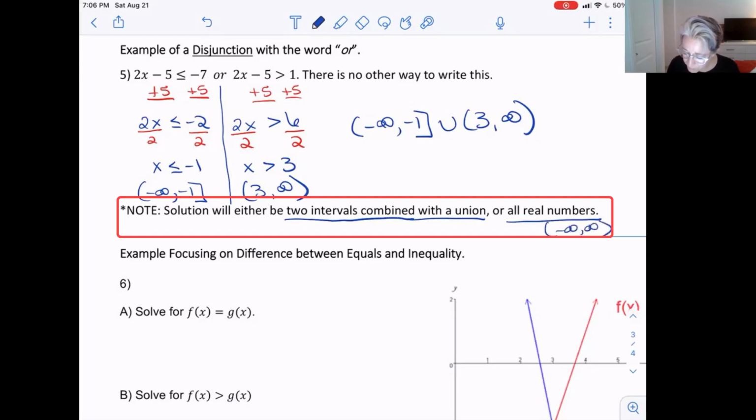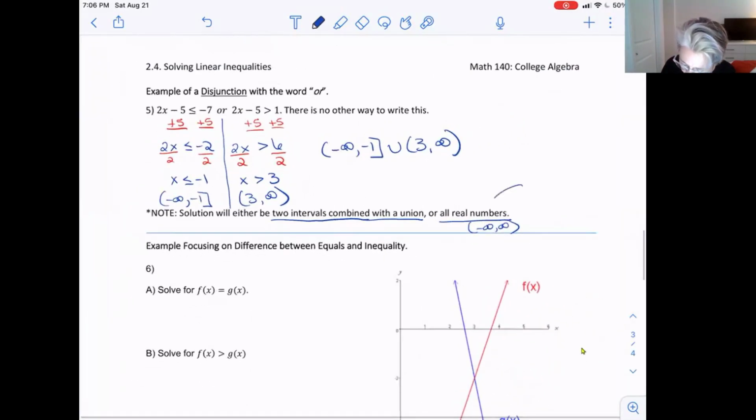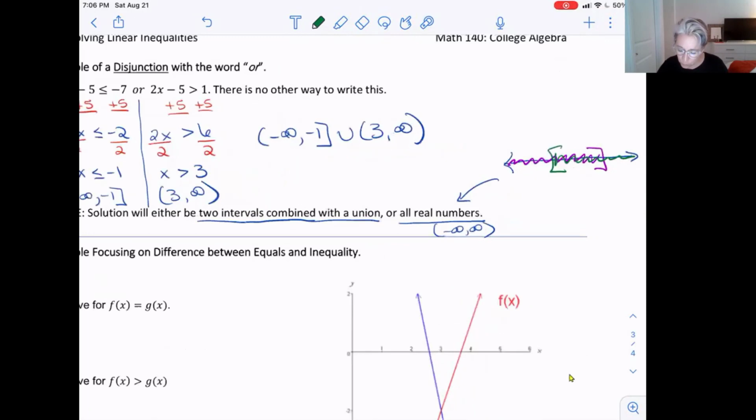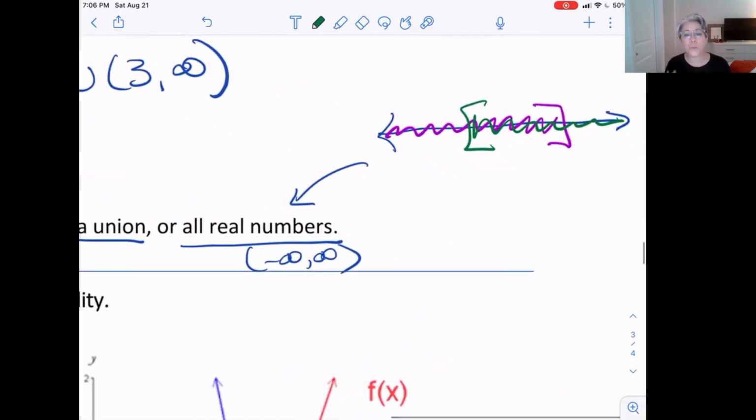In other words, if those 2 intervals overlap, think of it as graphing it on a number line. If you have one that graphs there to the left, and then the other one graphs here to the right, well, remember it's or. Either, in this example, either the purple or the green would work.